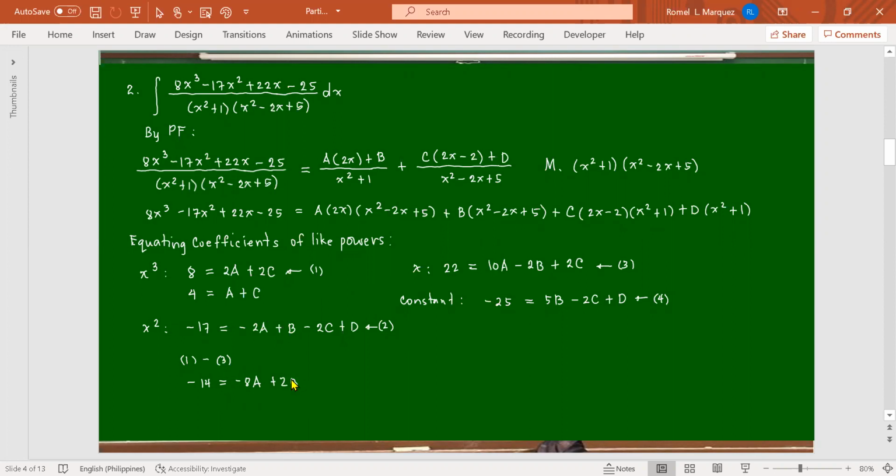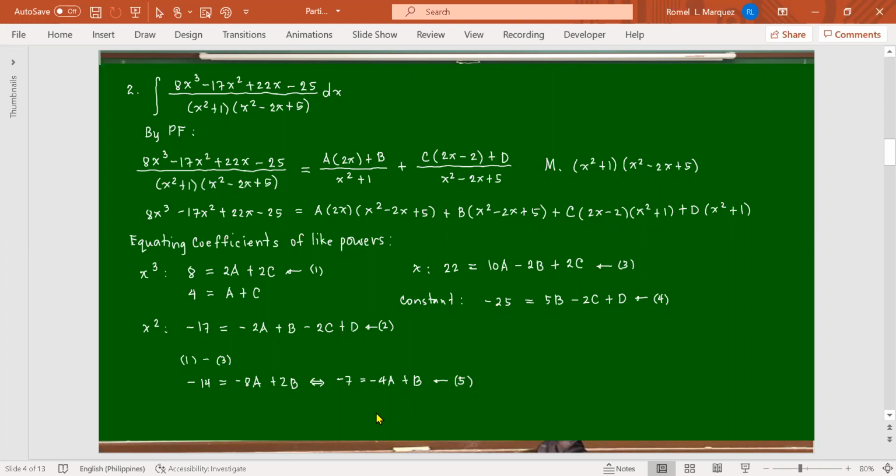So this is our equation number 5, which, when simplified, is negative 7 equals negative 4a plus b. Equation number 5.